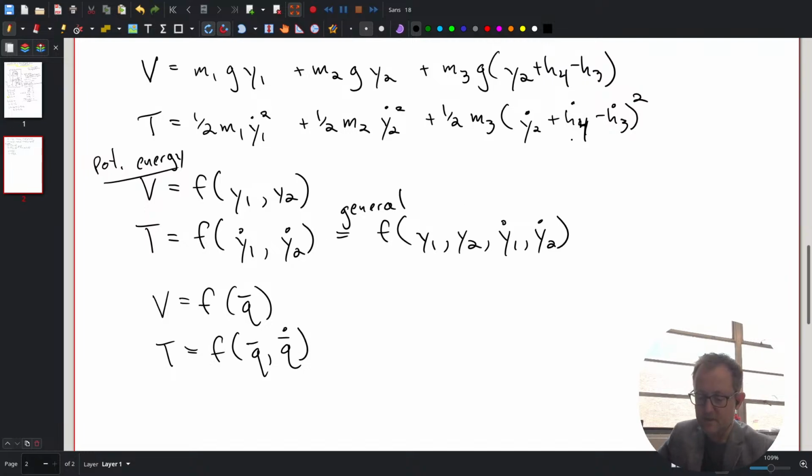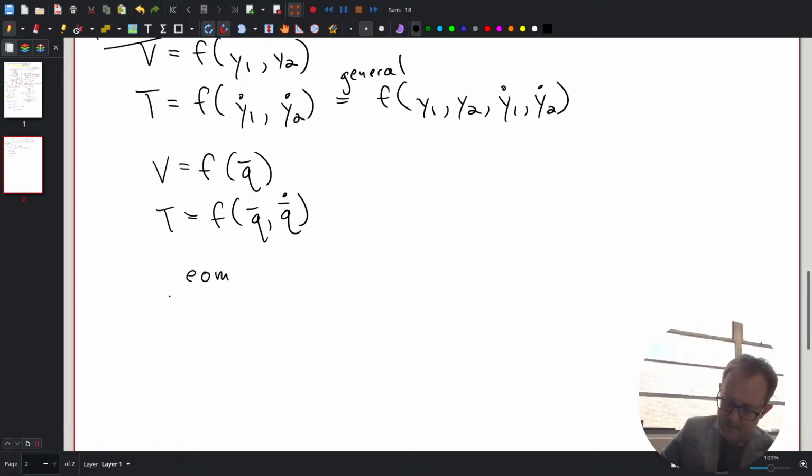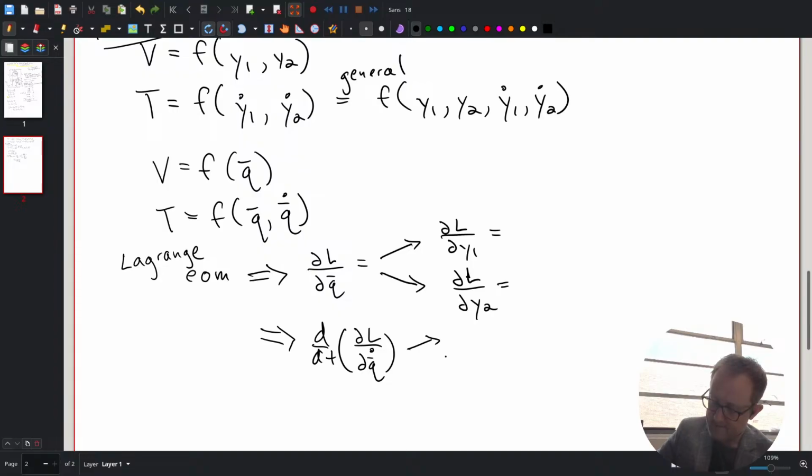So we're trying to choose coordinates that work, so that now when we look at the equations of motion, like the Lagrange, we have dL dq, which is split up into two values, dL dy1, dL dy2, and then we have d dt dL dq dot, which is going to be a d dt dL dy1 and a d dt dL dy2.